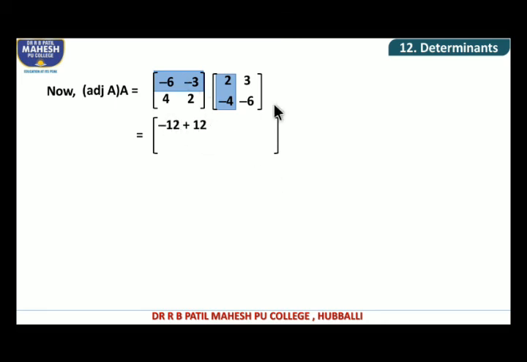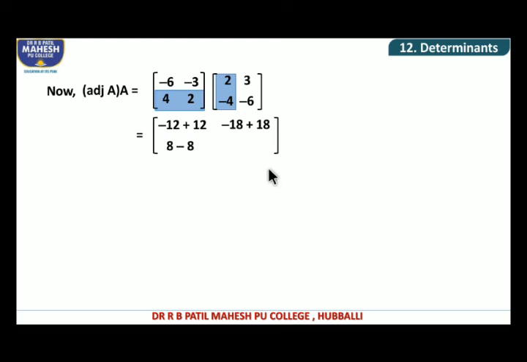Next, multiply first row and second column. Minus 6 into 3 is minus 18, plus minus 3 into minus 6 is plus 18. So minus 18 plus 18. Next, multiply second row and first column. We have 4 into 2 is 8, and 2 into minus 4 is minus 8.